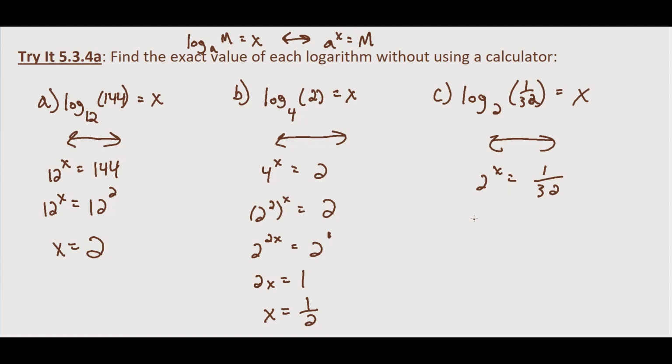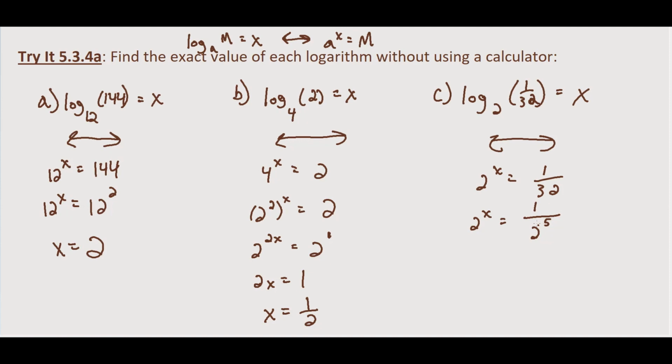Let's change our base. 2 to the x equals, well, what is 32? Or what is 1 over 32? So let's convert that 32 to a power of 2 first. So 32 equals 2 to the 5th. 2 times 2 is 4, times 2 is 8, times 2 is 16, times 2 is 32.